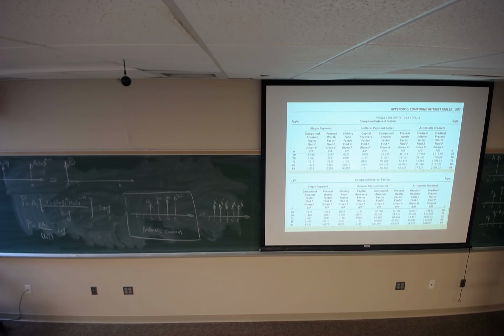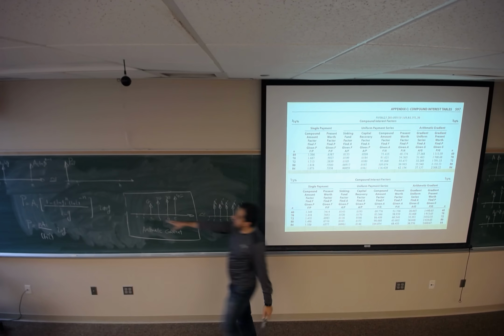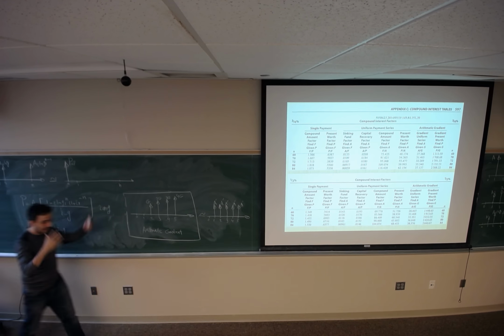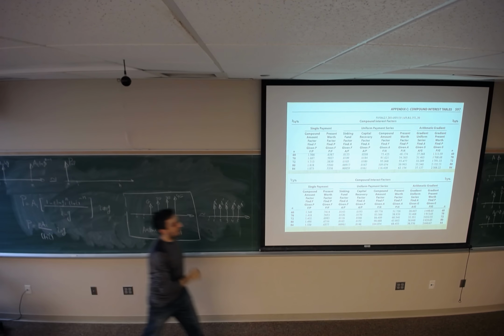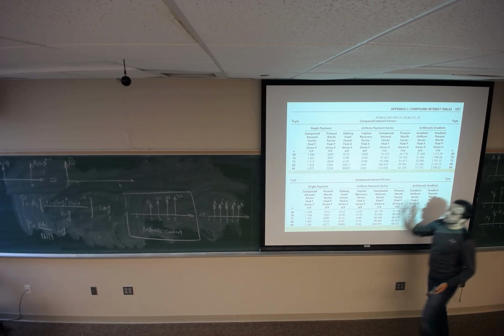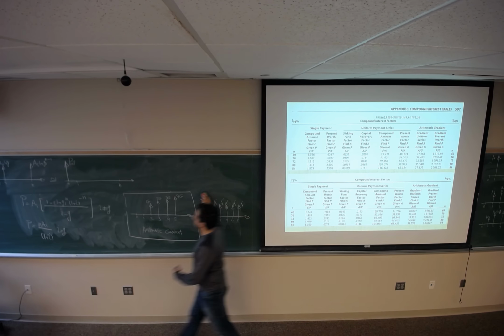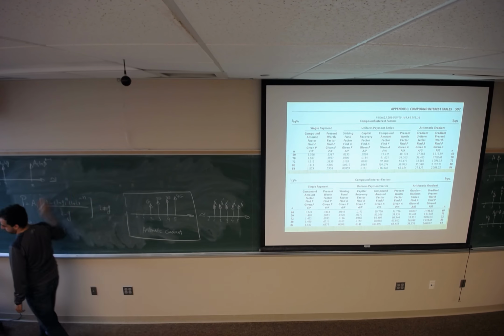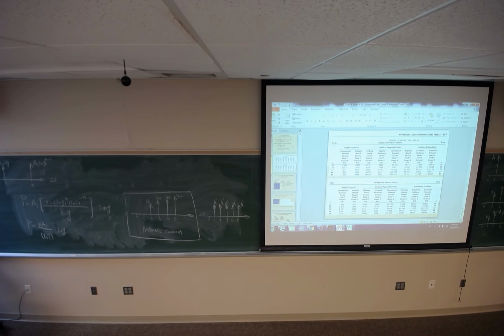Exactly, because it depends on I as well as G. So you can have infinite combinations between I and G. If I is 0.5%, G is 1%, or we are going to have a different combination. For that reason, we don't have any table in the back of the book. So you are supposed to use only the equation.